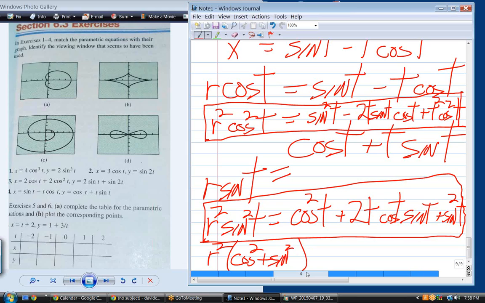That becomes 1. On the right, you'll notice that I got a minus 2 of those things, and I got a plus 2 of those things. These things are going to cancel. This thing down here is 1.